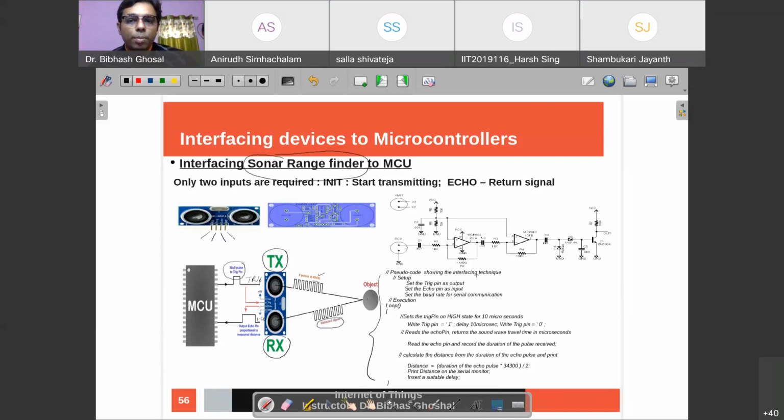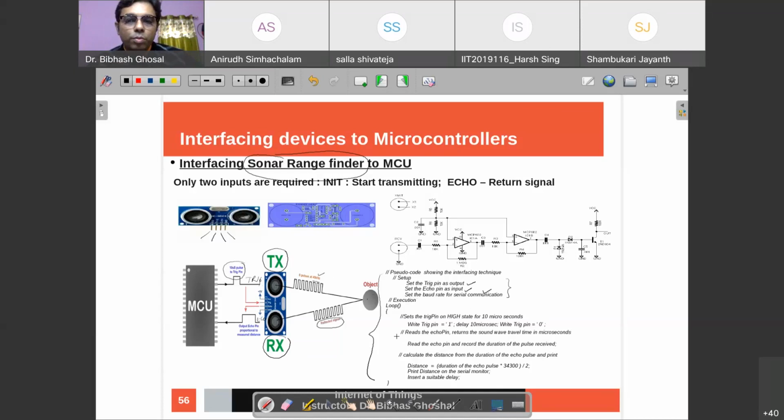I will set the trigger pin as output, because the trigger pin will be sending out pulses. So I will have to program this so that the trigger pin will be treated as output. I will be receiving through the echo pin, so the echo pin will be input. And I will be receiving the data, so I will fix a rate at which I will receive the data. This is my setup.